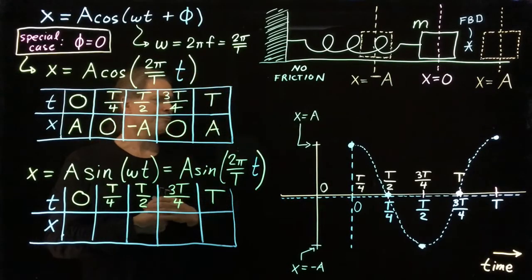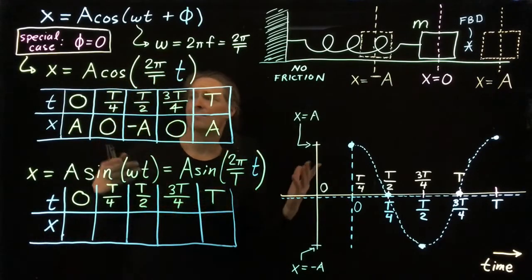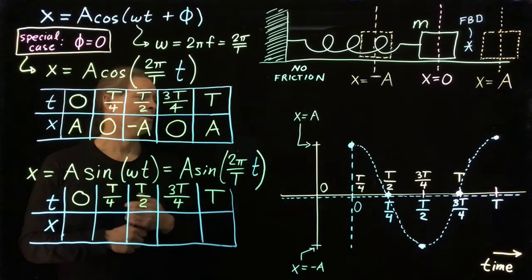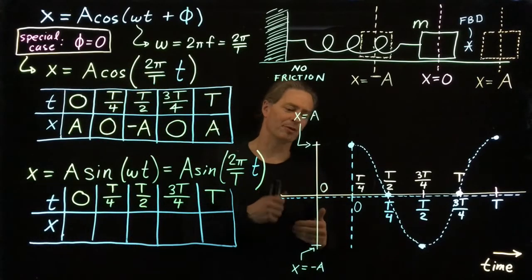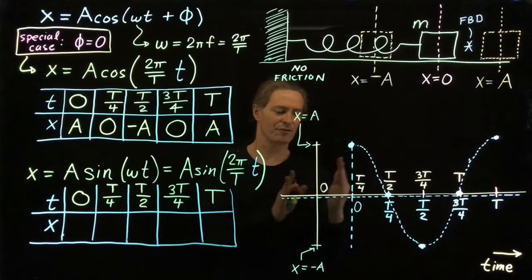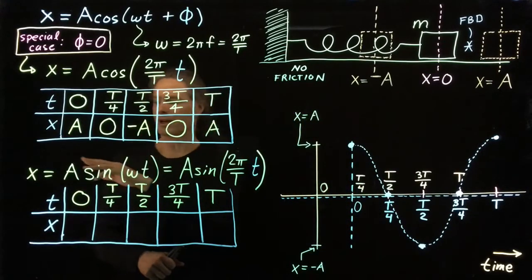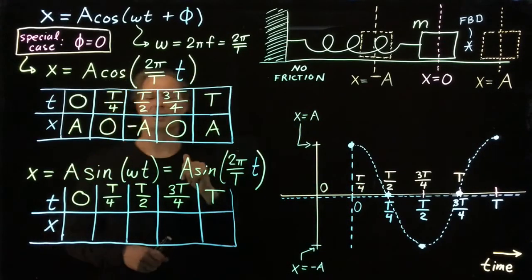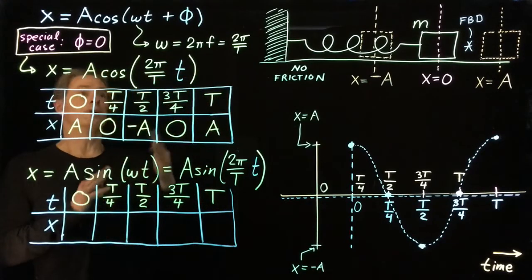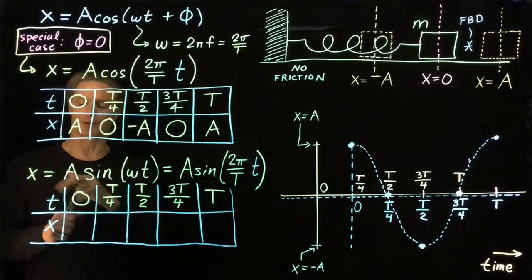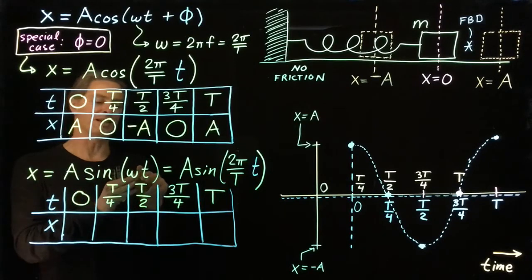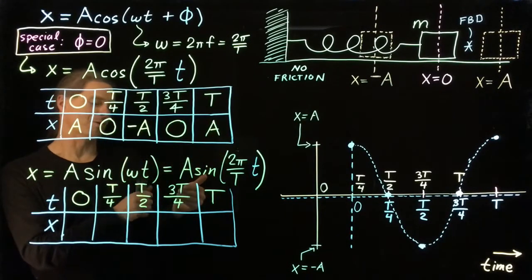OK. Now, a sine function is just a shifted cosine function. I could have made a separate plot, but what I wanted to do is just shift the axis. So for our plot of our sine function, we could have a general solution, x equals A sine of omega t plus, inside the argument of the sine, some phase angle theta.